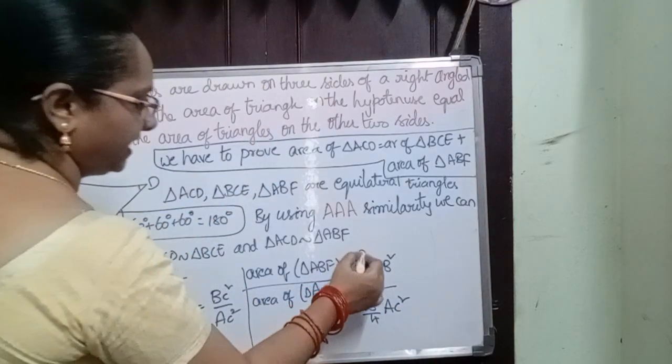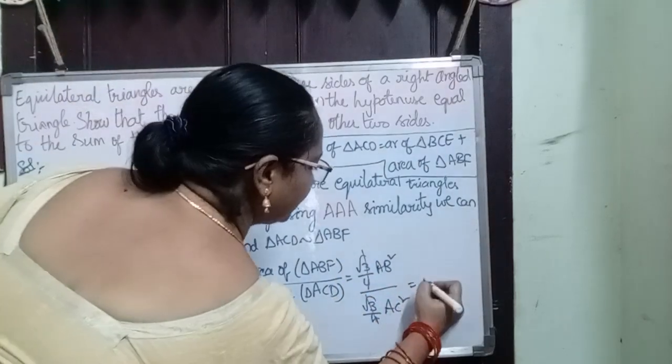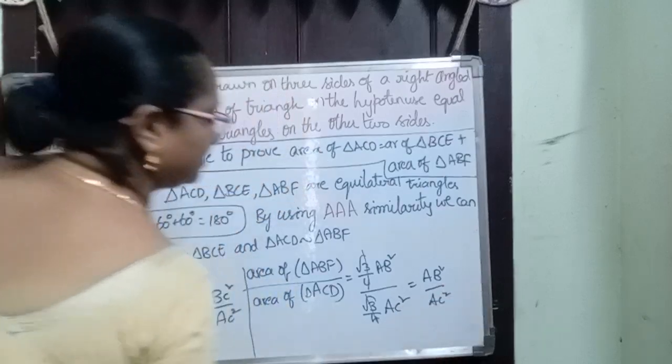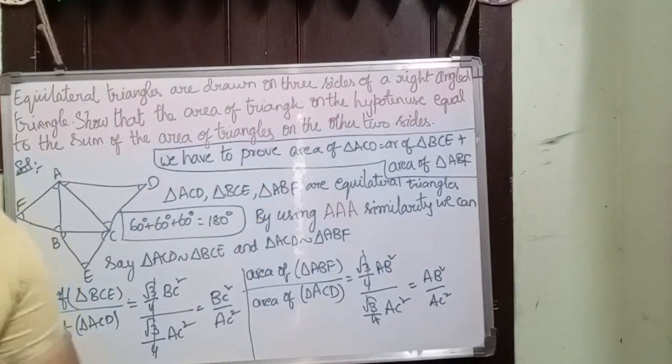Again these get cancelled. What is left here? AB square by AC square.